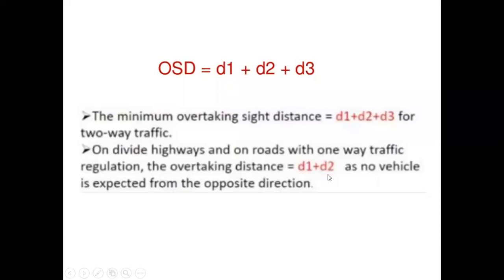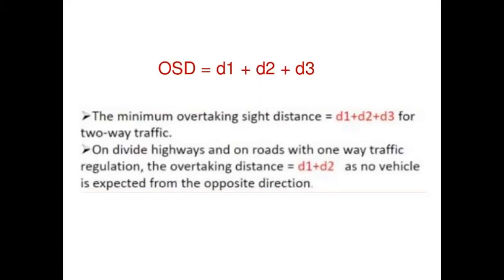It will be D1 plus D2. D3 will not come into account if it is a divided highway. Got it? You can read here: on divided highways and on roads with one-way traffic regulation, the overtaking sight distance will be D1 plus D2, as no vehicle is expected from the opposite direction. Understood?